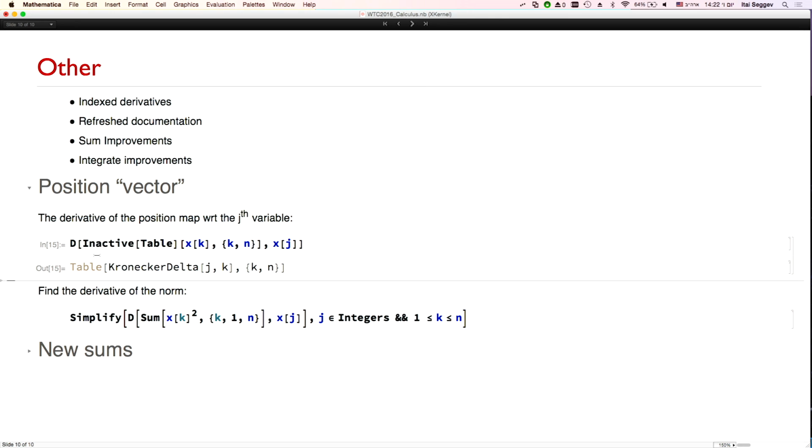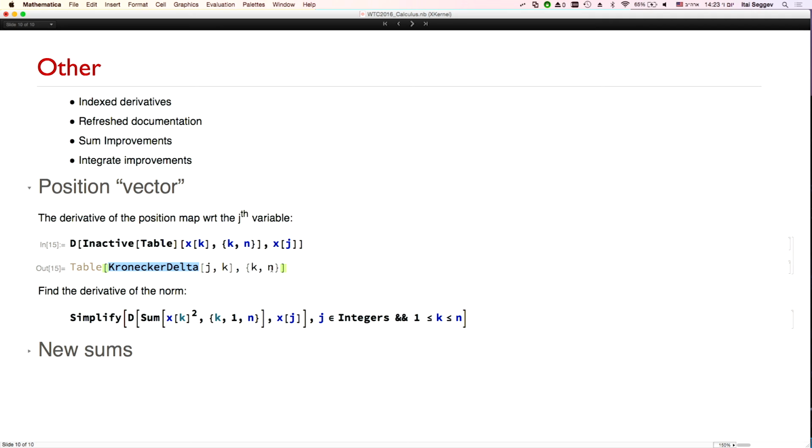So for functions like Table and Sum, we now recognize that x of something may be an index and handle that appropriately. If you take the position vector and differentiate it with respect to x_j, you get a Kronecker delta: either j and k are the same and you get 1, or you get 0.